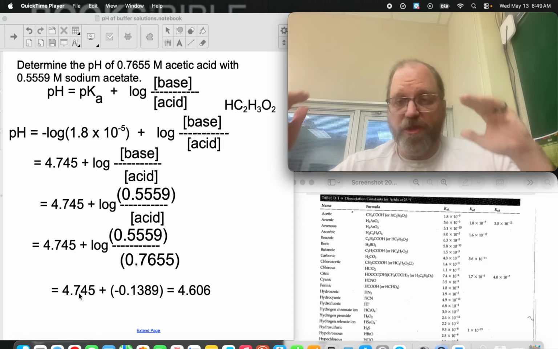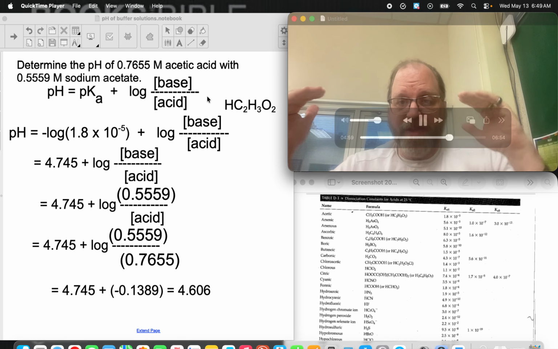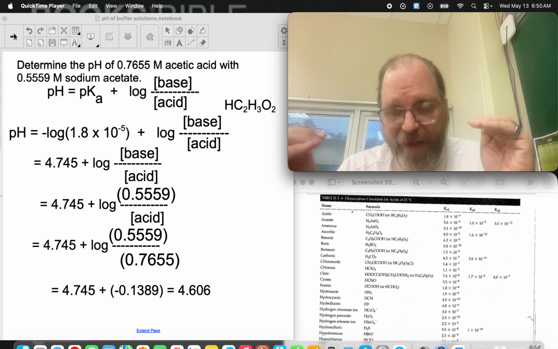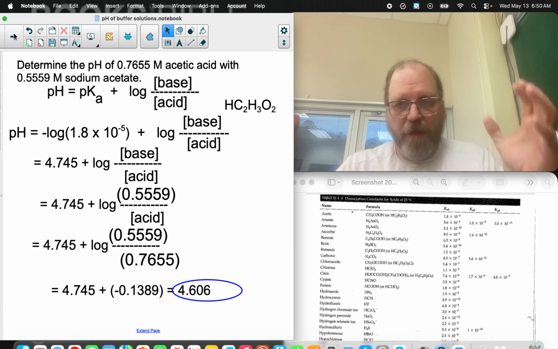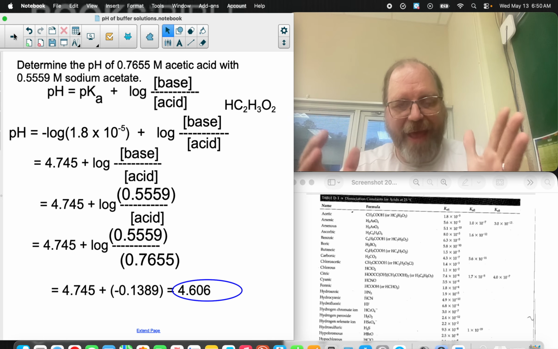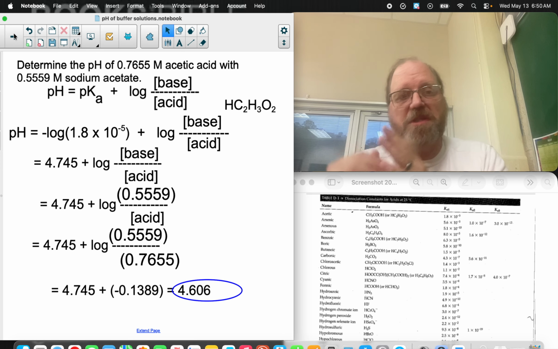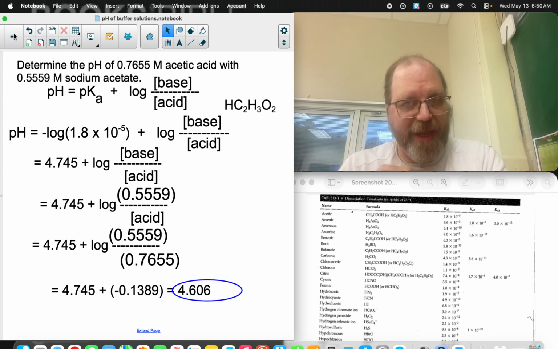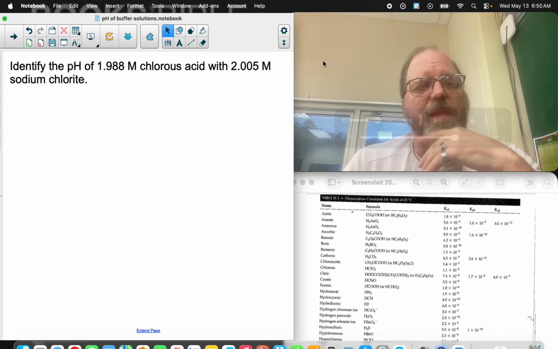When we do the last place column, tenths, hundredths, thousandths place, we're going to cut it off at 3 decimal places. It's a little bit clearer understanding there. The solution will hold right at 4.606 until the buffer capacity is exceeded, so it keeps it relatively regulated at that. So use a specific acid with specific concentrations of acid and anion to create a pH that you desire. All right, let's try another one.